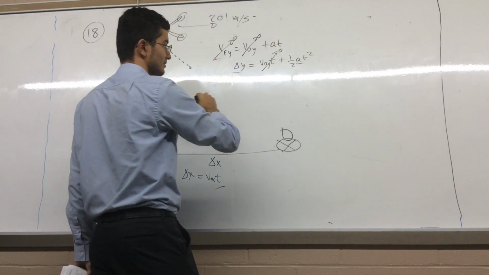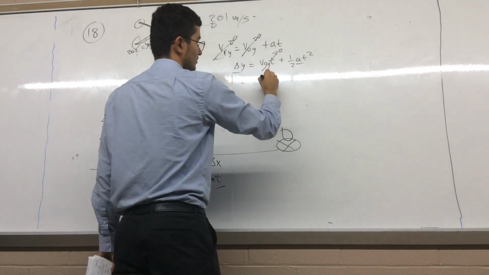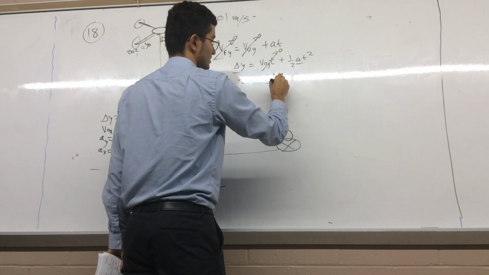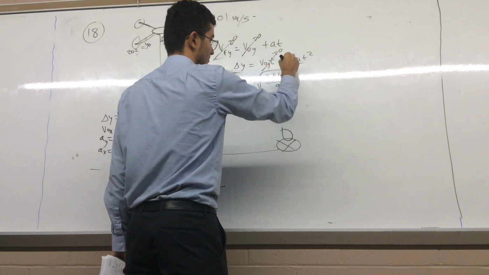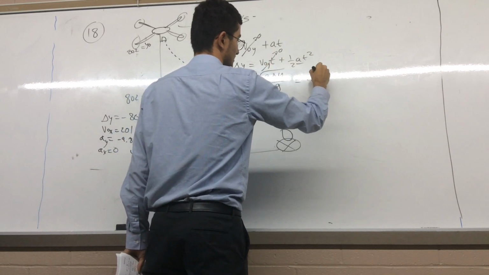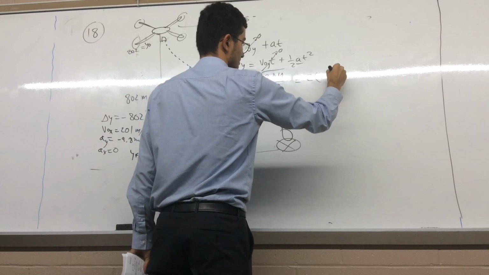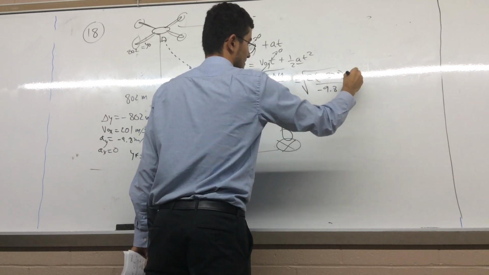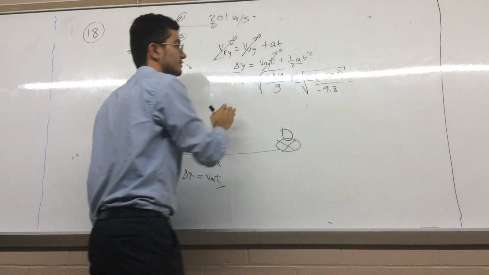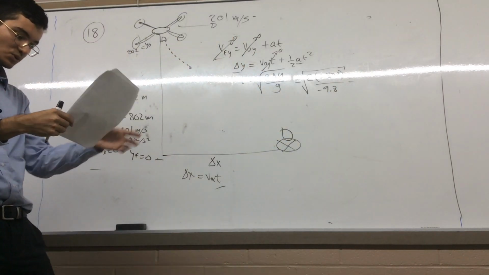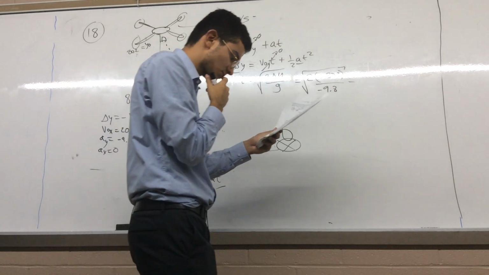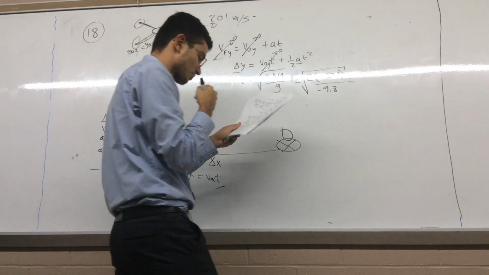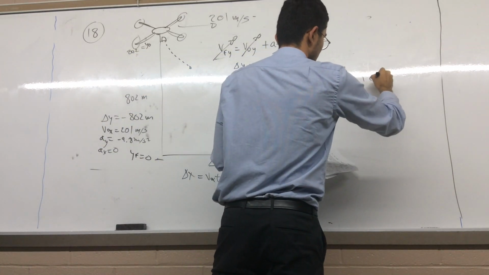So look at that. t is equal to the square root of 2 times delta y divided by g. So that's 2 times negative 802 divided by negative 9.8, and then take the square root of that. That should be the time, and that is going to give you 12.8 seconds.